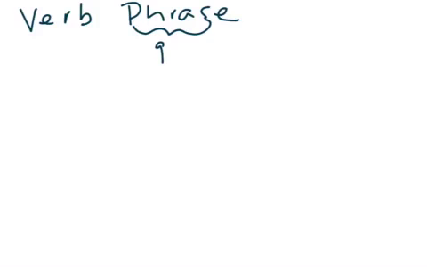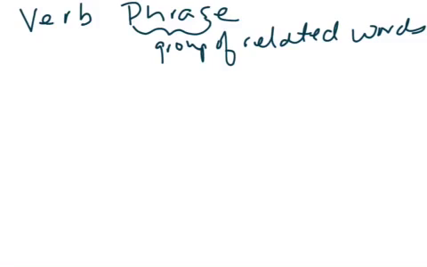Now let's look at the definition of a verb phrase. Now a phrase is a group of related words.